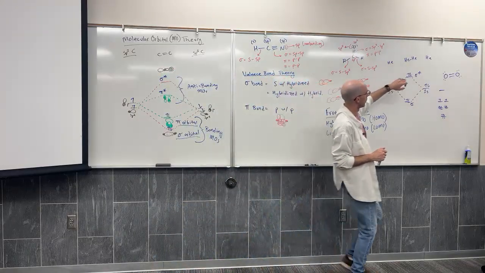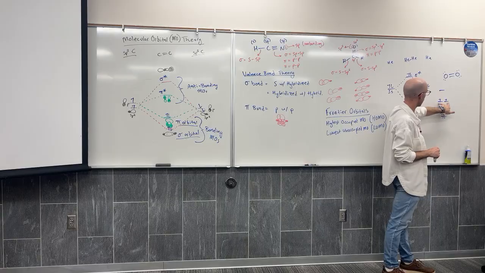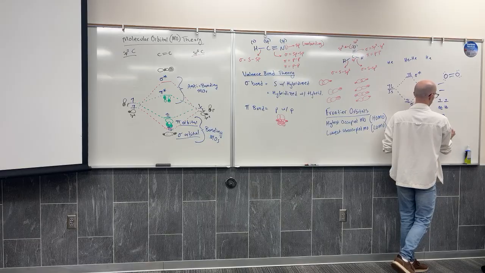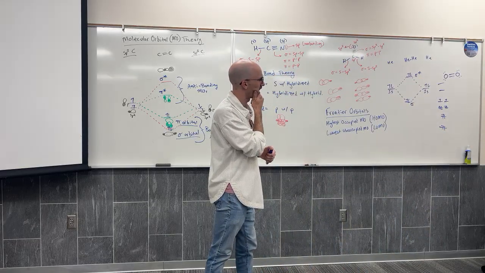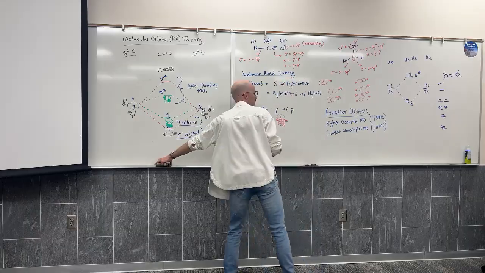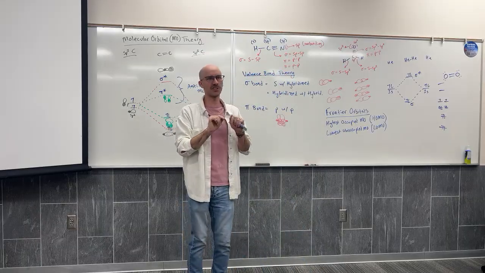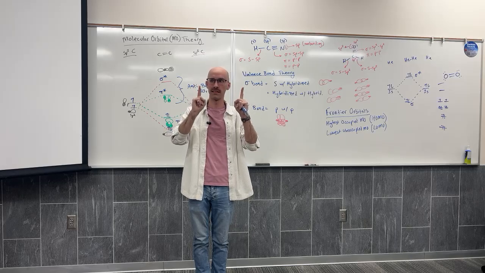So there's what? 2, 4, 6, 8, 10, 12, 2, 4, 6, 8. I must be forgetting something. Anyways, the idea is oxygen actually has unpaired electrons, which we call radicals.